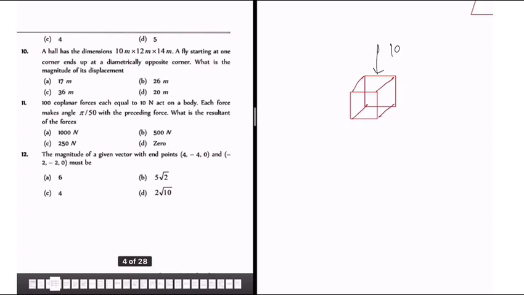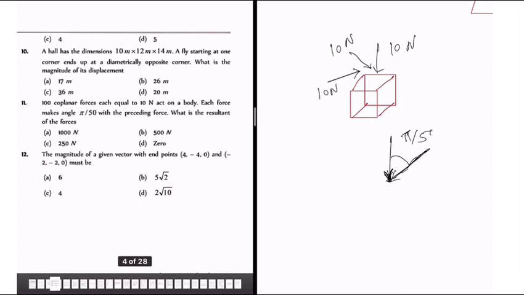360 degree. Ten Newton, then 10 Newton, 10 Newton. The angle between any two forces at this particular point is pi by 50.